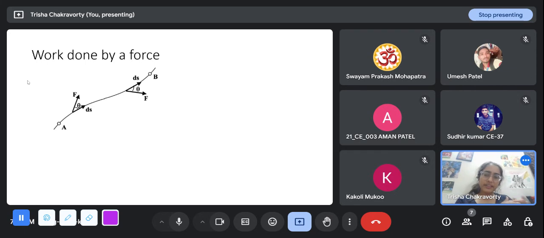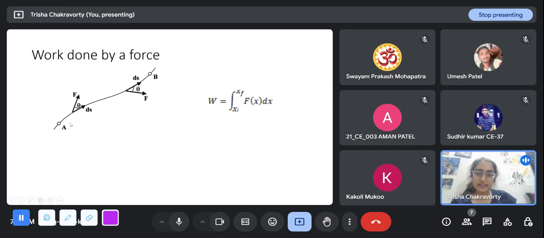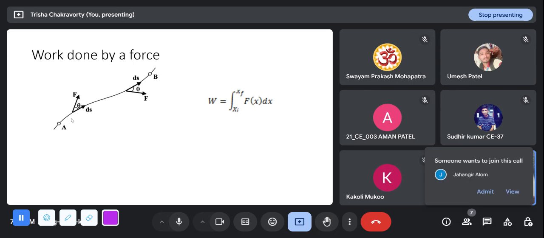Basically it's force into displacement when the force and the displacement are in the same direction. Here, in integral terms, it is integral Fx dx. So dx is, suppose I apply a force on a point and give it a small differential displacement dx.